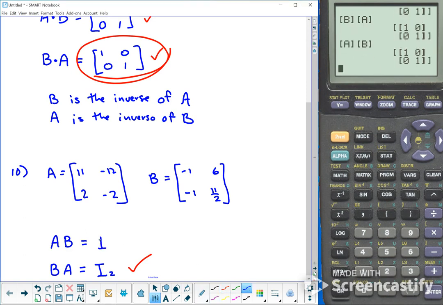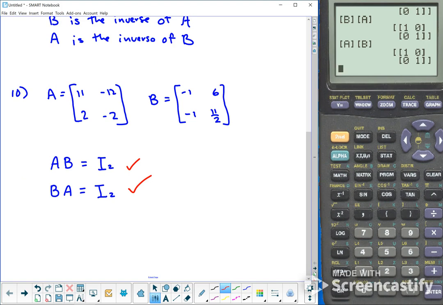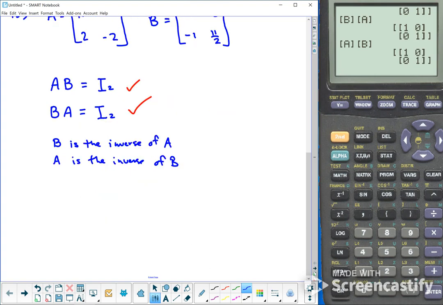So this is also equal to identity matrix of order 2. So check. Therefore, we know that B is the inverse of A, and A is the inverse of B, right? So you can write it down. I'll write it one more time. B is the inverse of matrix A, and vice versa. Matrix A is the inverse of matrix B.